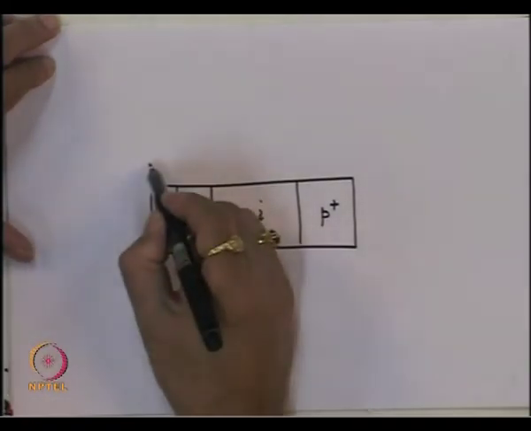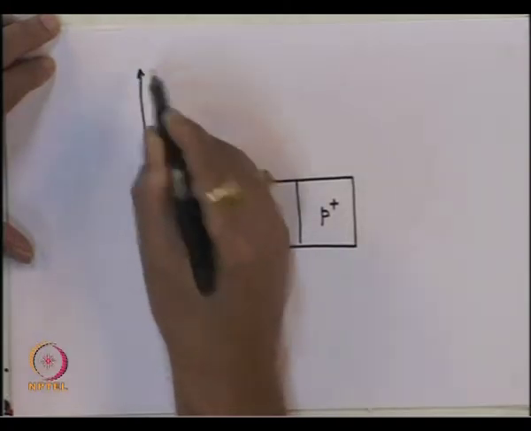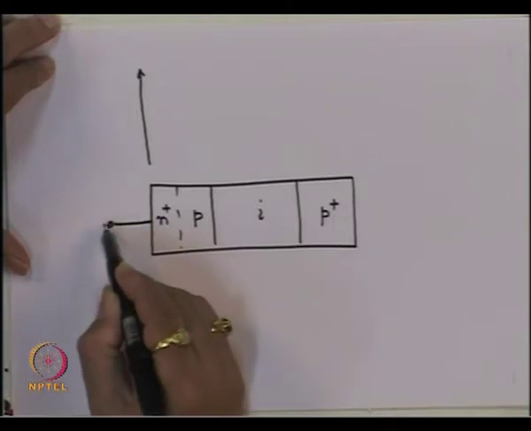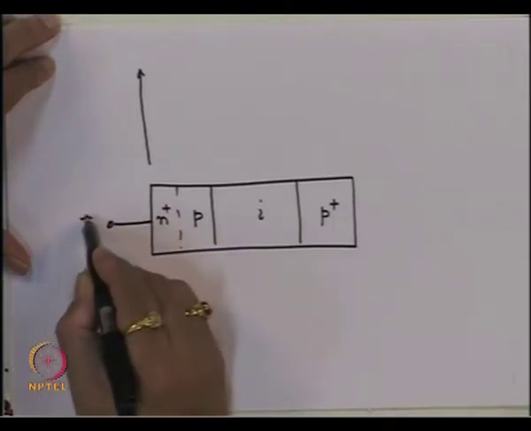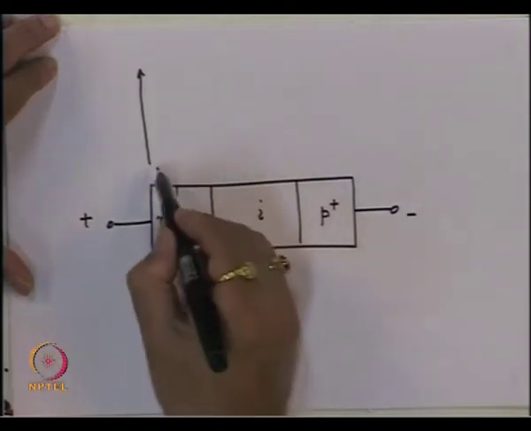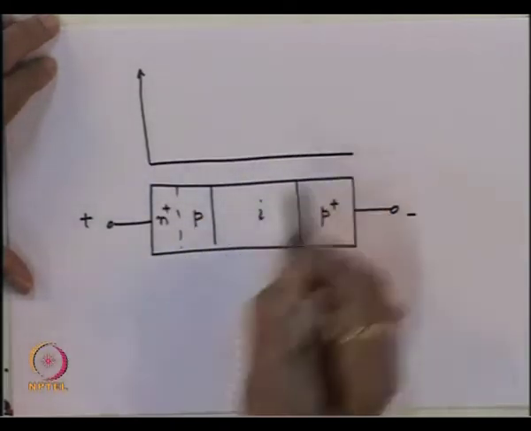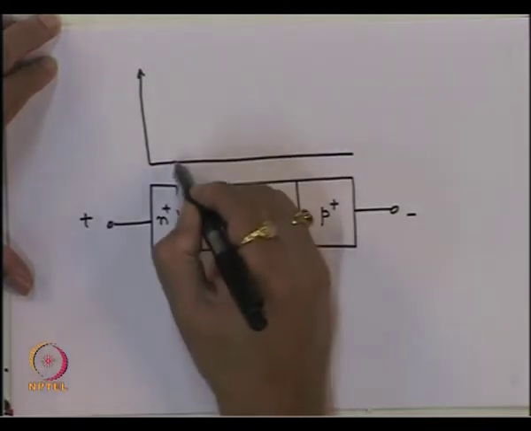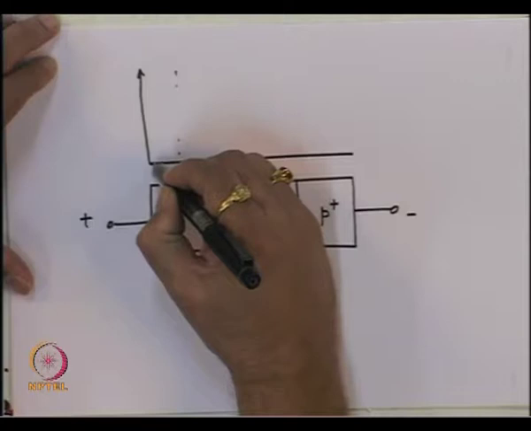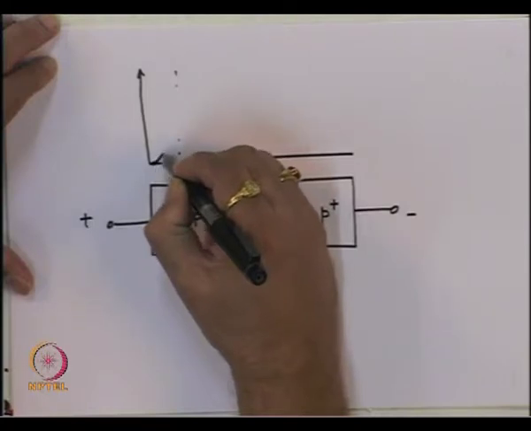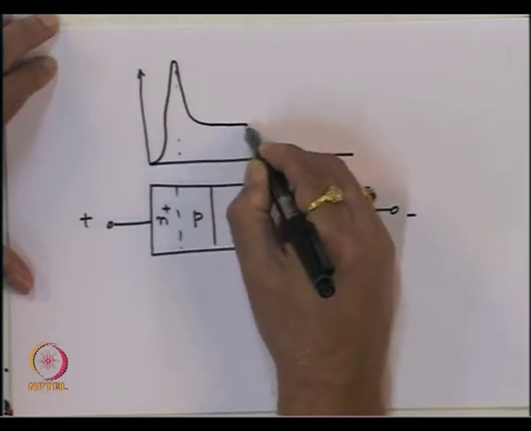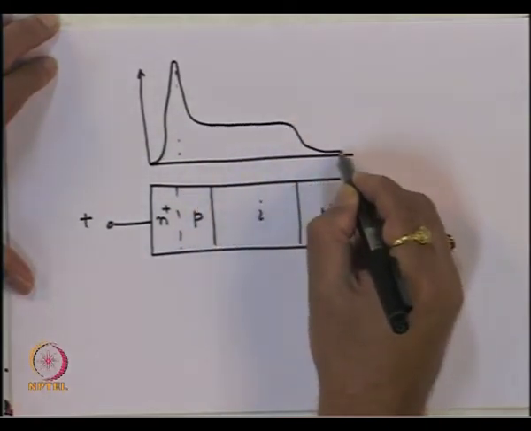And if you draw the electric field variation inside this, the potential applied to this, which is reverse bias. So, this is positive, this is negative. The electric field variation inside this would be here, you will get a large field, something like this.